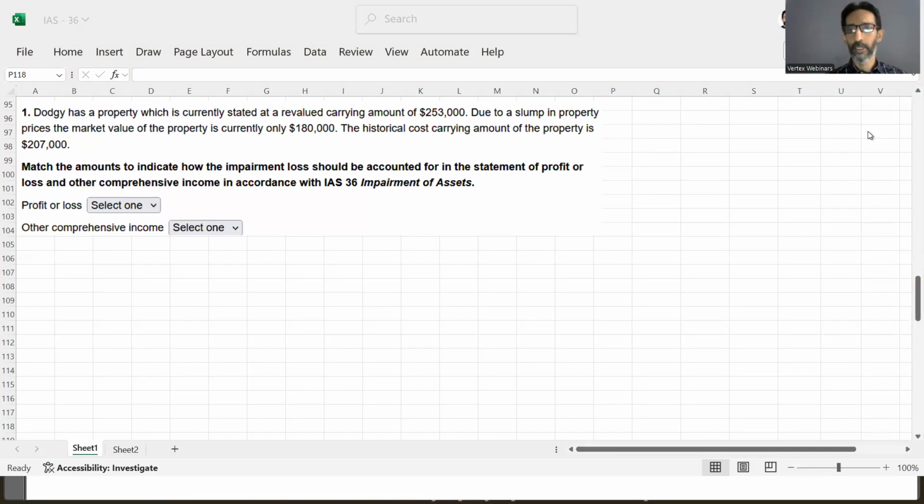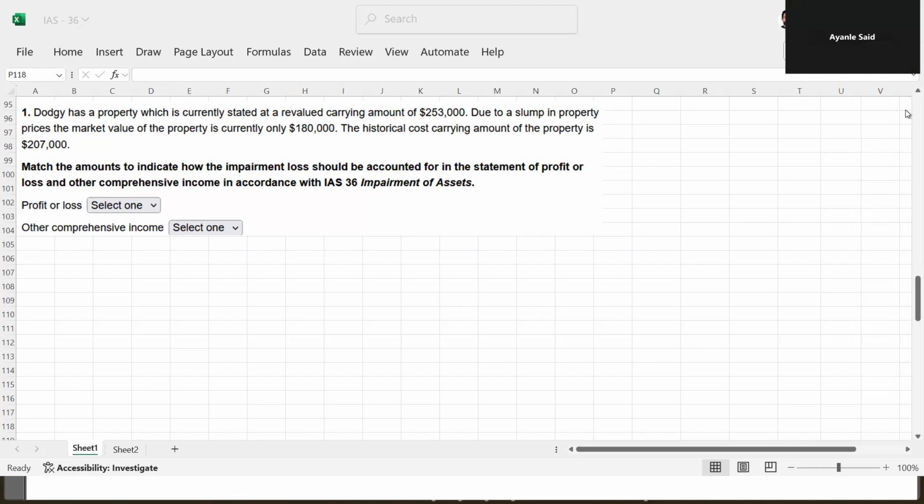Okay, so this is a question in which we have an asset which has been revalued, and now it is impaired. So now the question is, how much of the impairment will be charged to P&L, and how much of the impairment will be charged to the other comprehensive income?